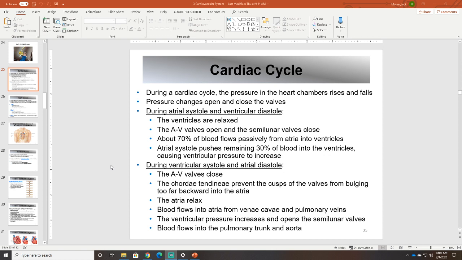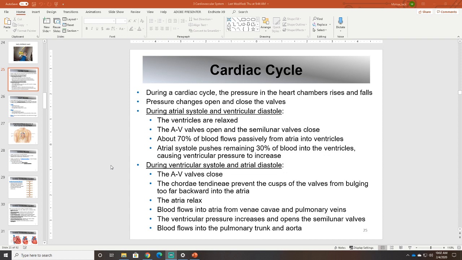During a cardiac cycle, the pressure in the heart chambers rises and falls, right? When the heart muscle contracts, that's going to build pressure in the chambers of the heart. And these pressure changes are going to open and close the valves of the heart.